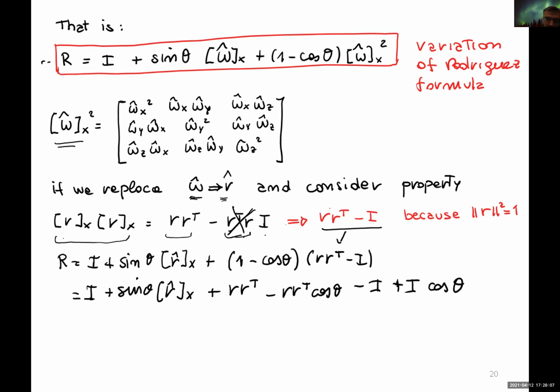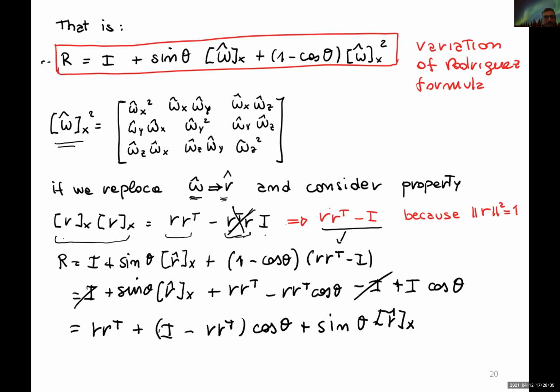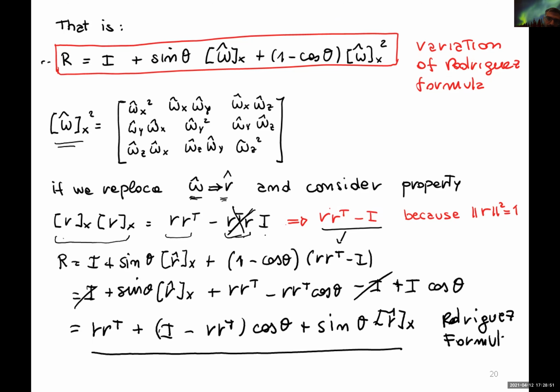We see this simplifies, and we go back to the Rodriguez formula, which is I minus r transpose cosine theta plus sin theta. Okay. Yeah, and this is the Rodriguez formula. So we see the exponential map, it's equivalent to angle axis.